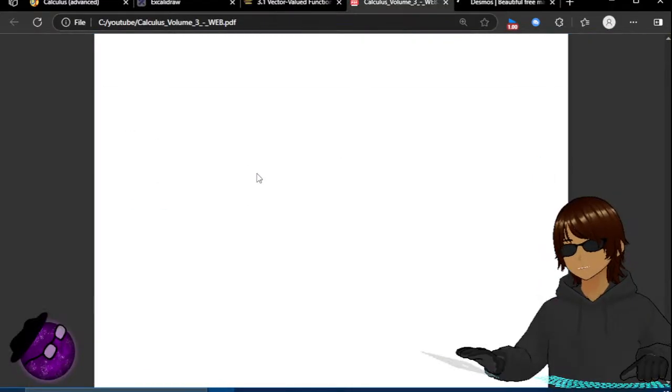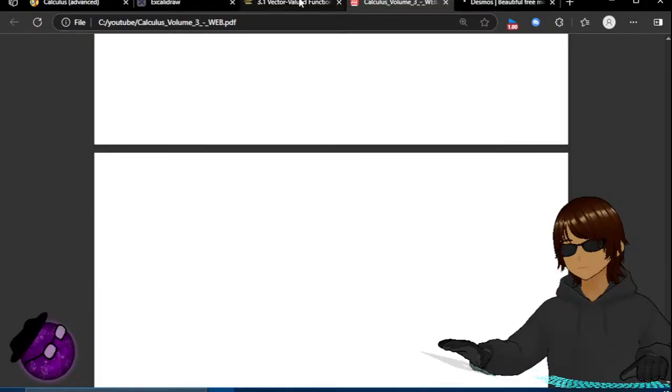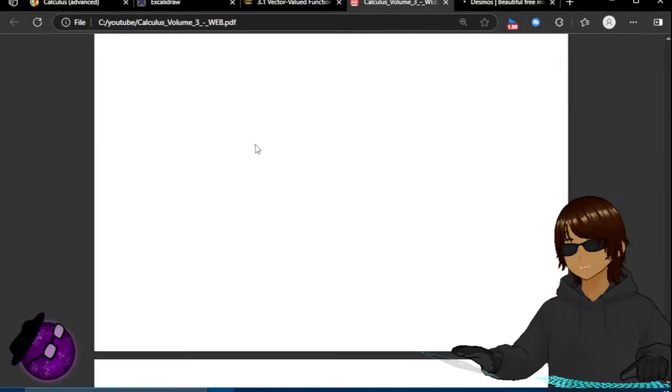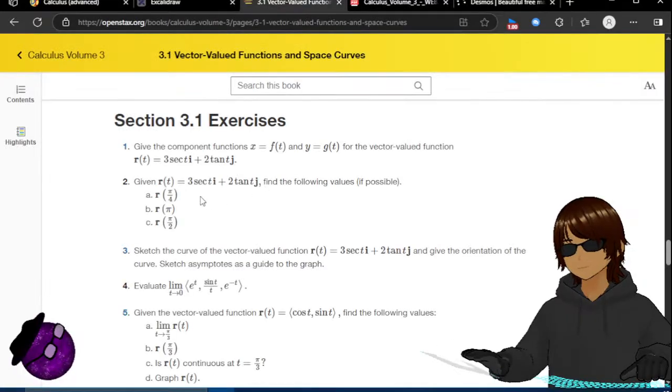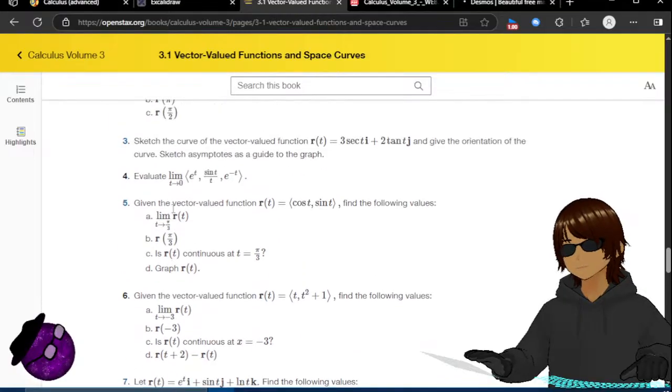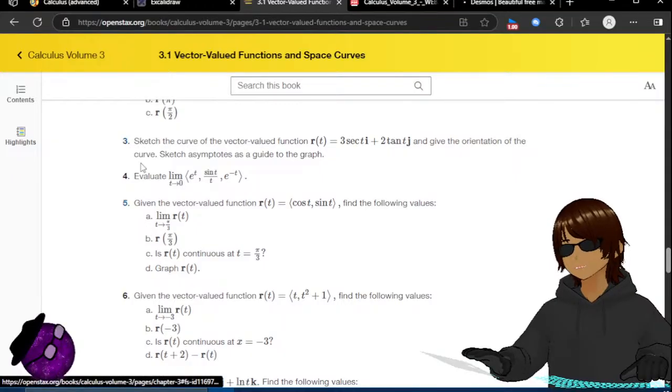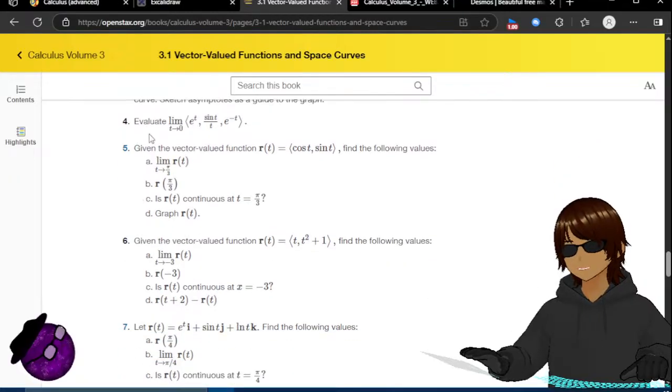I need to go to the answers. It's in chapter 3, right? So it should be 3 point something, if it loads, that is. Given r, which is 3 sec t plus 2 tan t, find the following values if possible. For pi over 4, we just replace t with pi over 4, with these input values. Evaluate. I'm only going to be doing the blue ones because I want to make sure that I got the answer right.